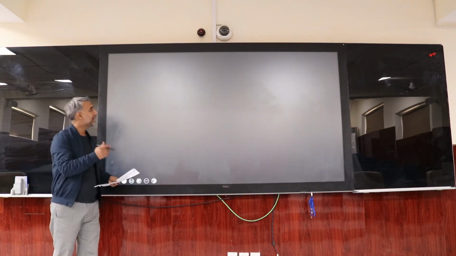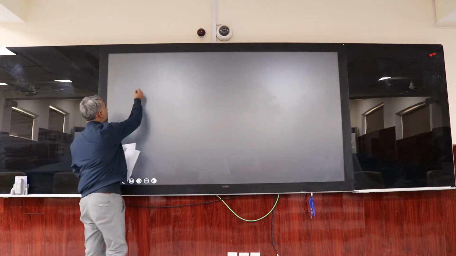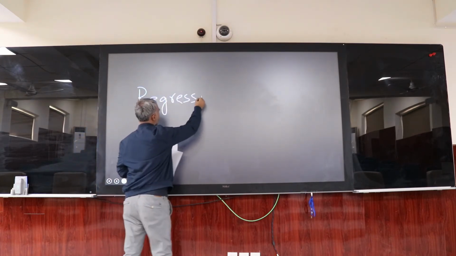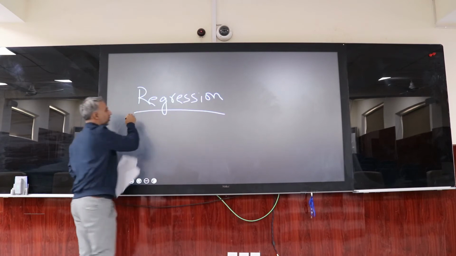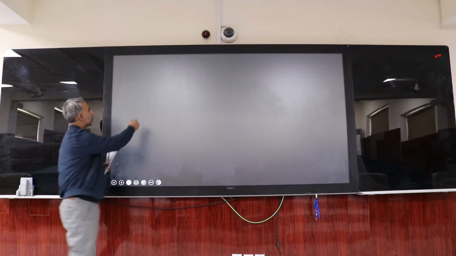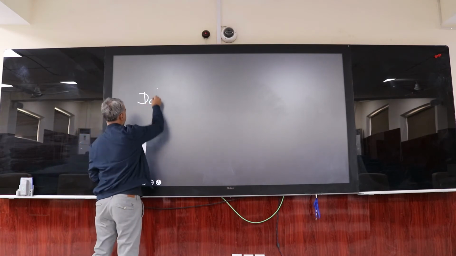Deep learning is playing with regression theory. Did you study regression? First of all, please note down the definition of data set.